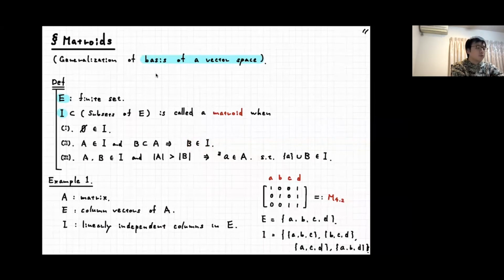And thirdly, if we have 2 independent sets A and B, such that the cardinality of A is greater than B, then there exists a certain element small a in capital A, such that the union of this small a and the original capital B is also an independent set.